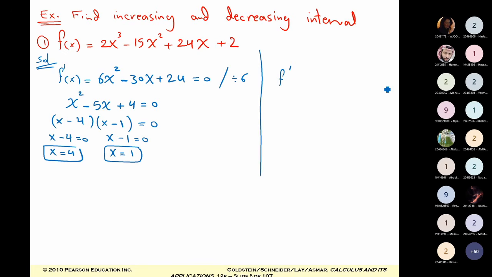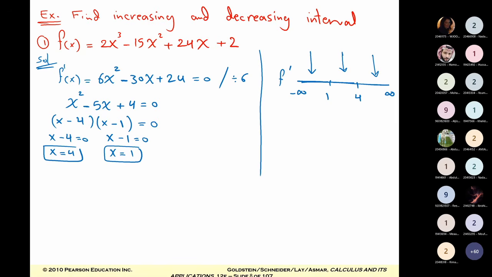Here for f prime, the stationary points are only 2, at 1 and 4, on the line from negative infinity to infinity. Now, how many intervals here? 3 intervals. This is the interval from minus infinity to 1, from 1 to 4, from 4 to infinity.